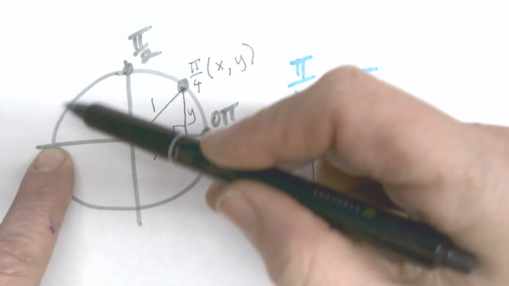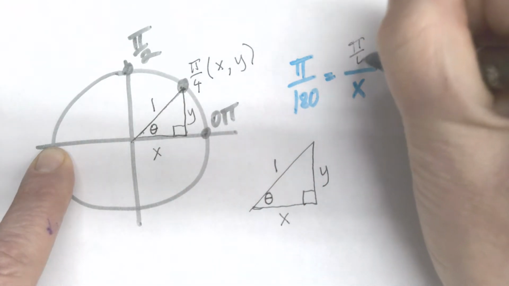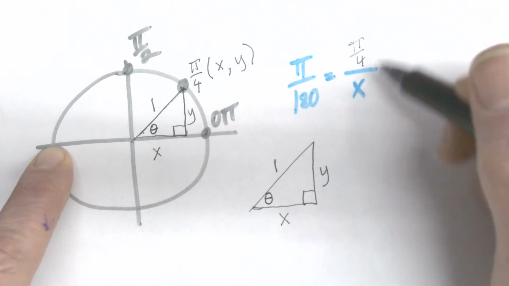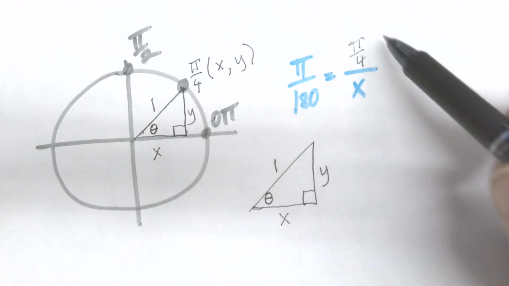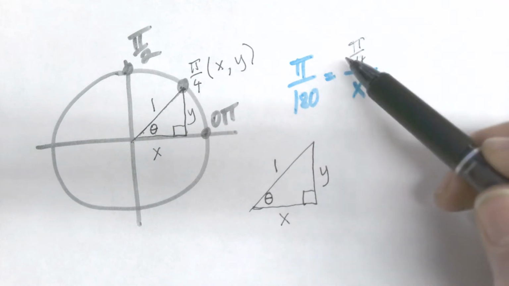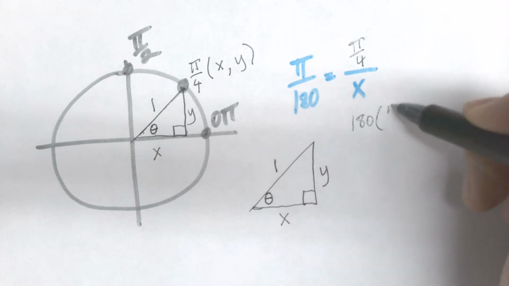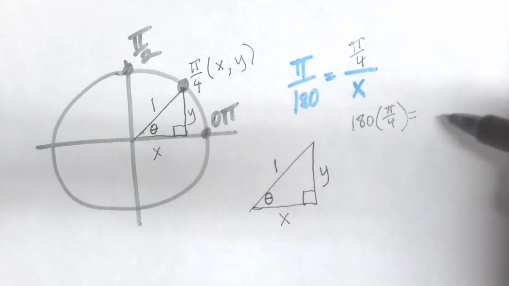So pi is to 180 as pi over 4 is to some other angle. And then I'm going to go back into middle school and do a proportion where I cross multiply, and I would say that 180 times pi over 4 is equal to pi times x.